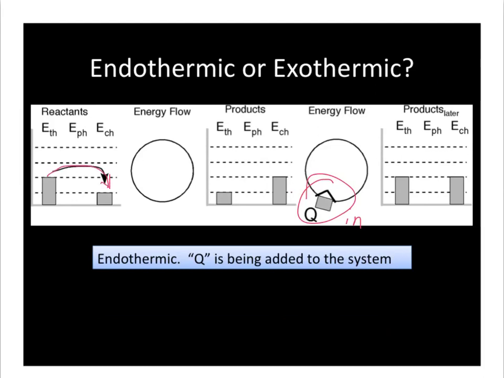So 1 bar here gets moved over to right here. But that makes the products very, very cold. So we put energy into the system to warm it back up. So here is this energy that is going into the system, and we warm it back to room temperature. Generally speaking, you're going to want to end with room temperature.